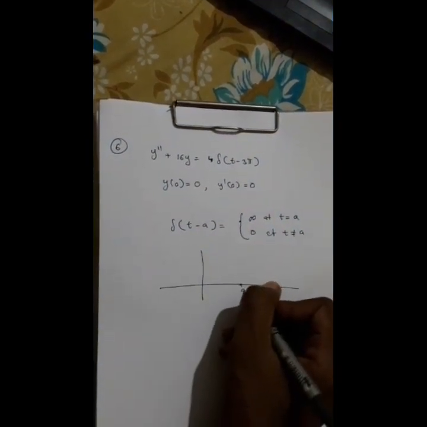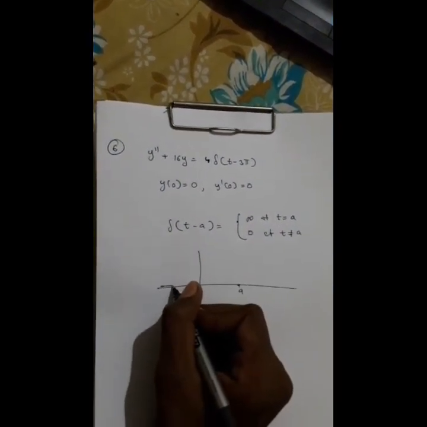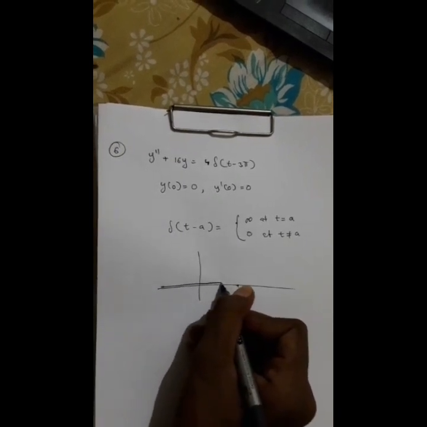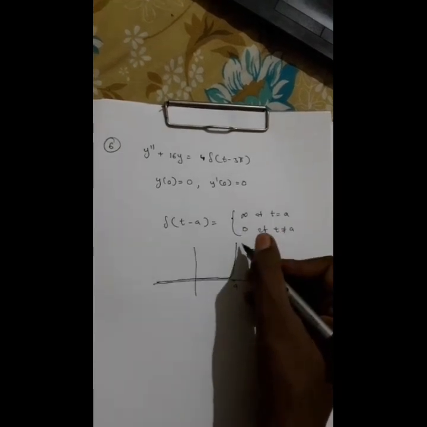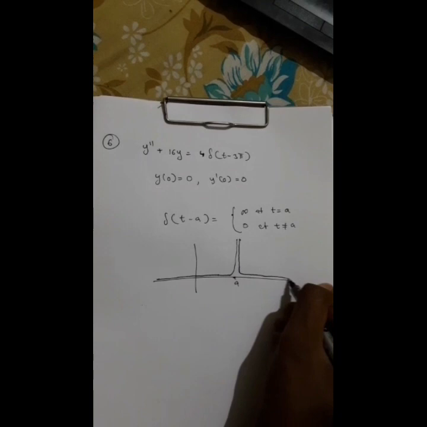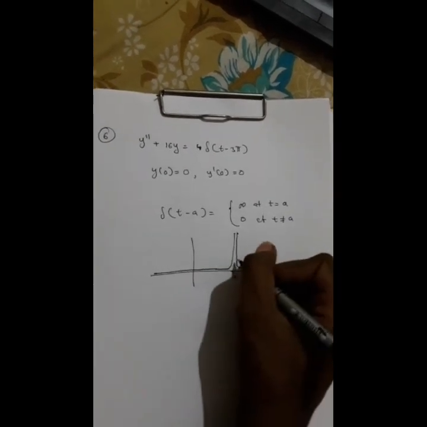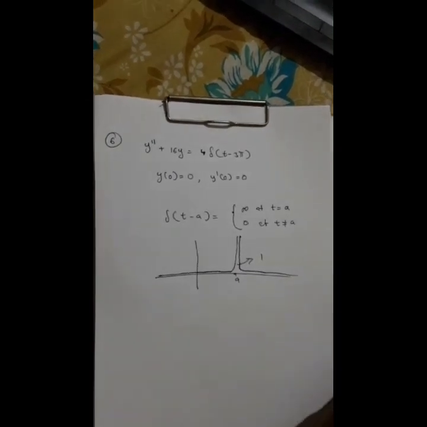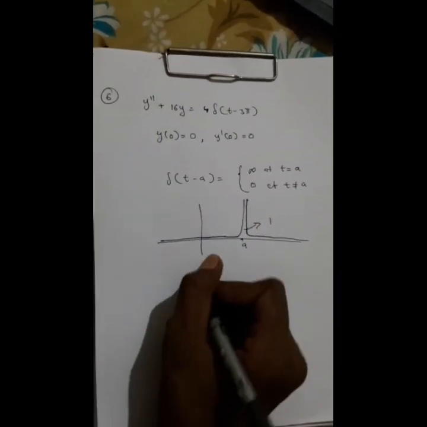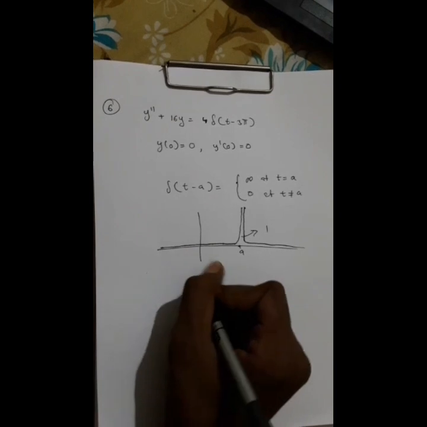Let's say a is around here, so it will be 0 until it reaches a, then it spikes to infinity, then it goes back to 0, and the area of this region is 1. So I'd like to discuss a few properties of the delta function.